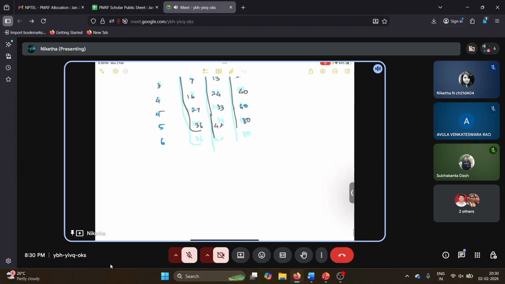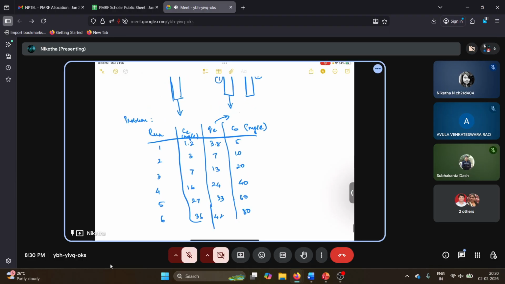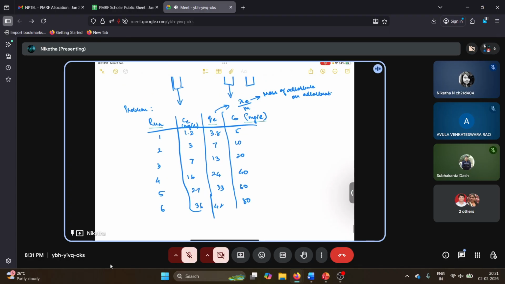So QE is nothing but, I'll write down here, XE by M. So XE is the mass of adsorbate on the adsorbent. Whatever is C is the amount which is coming out. So QE is the amount that is retained on the adsorbent divided by mass of adsorbent.